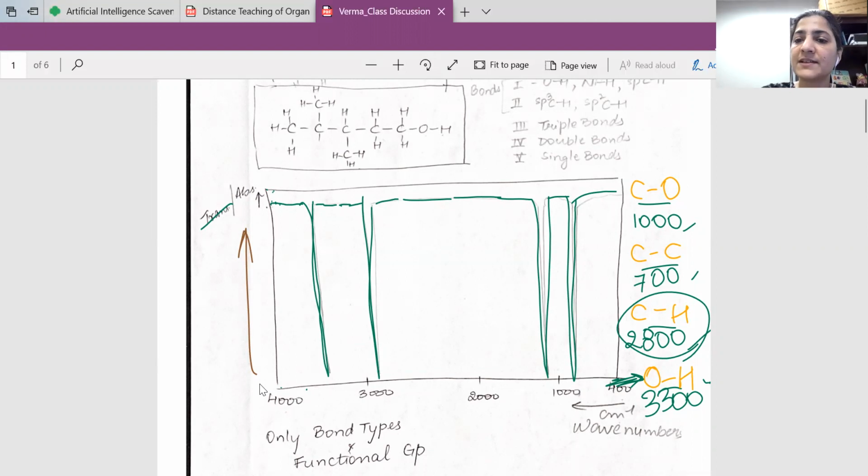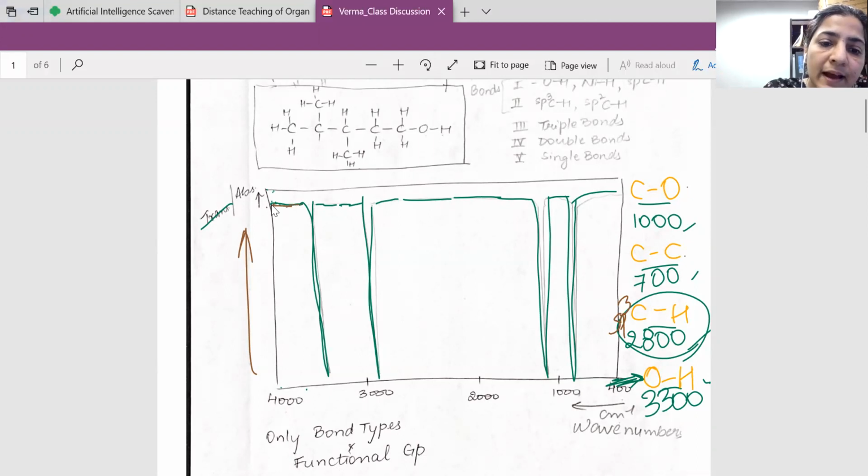For example, if we assign CO 1000, C single bond C 700, sp3 CH 2800 and OH 3300, we see at the baseline of 4000, no energy will be absorbed.